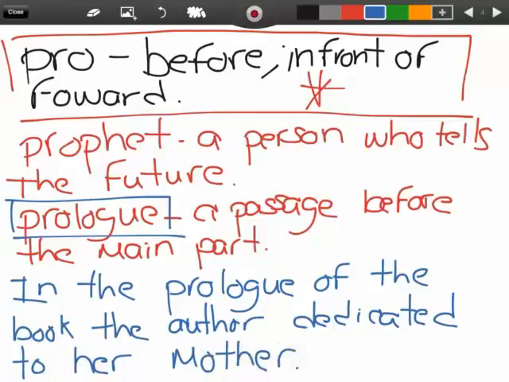I'm going to read that to you one more time. In the prologue of the book, the author dedicated it to her mother.